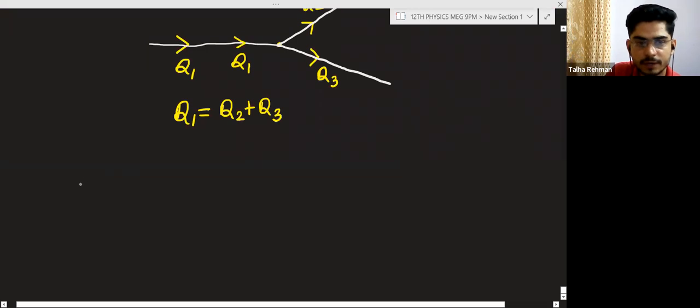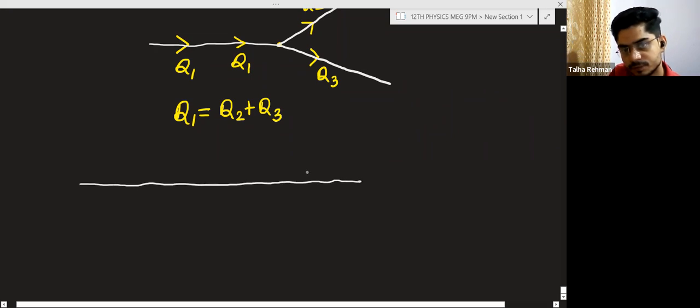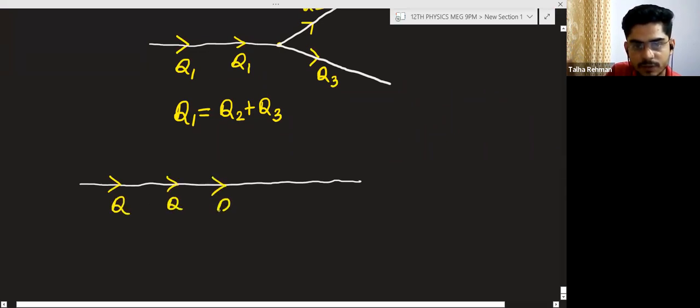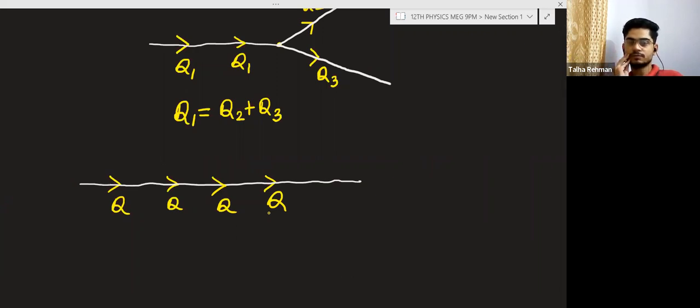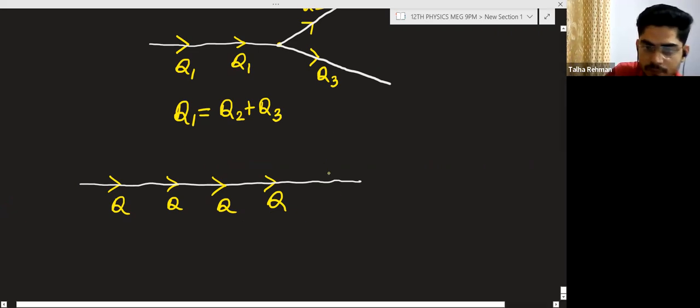Now if I am taking a straight wire, no capacitor is connected, no resistor is connected. So in this wire, there will be the same charge. Charge will remain the same until the wire remains the same, meaning if there is no branching. So in the whole wire, the charge is the same.